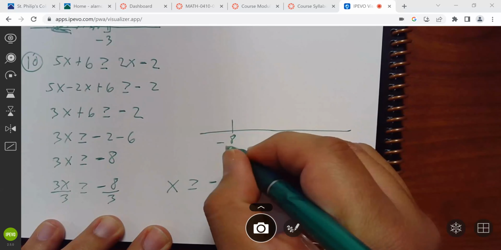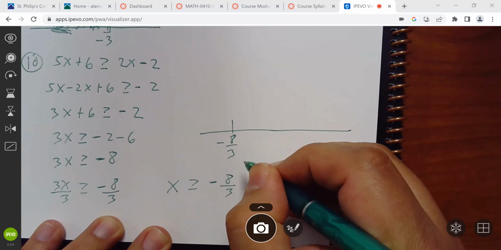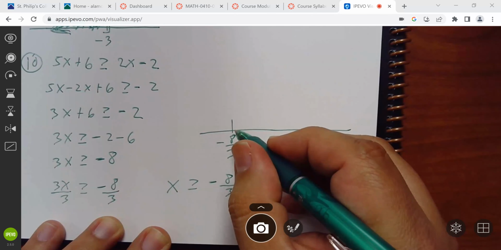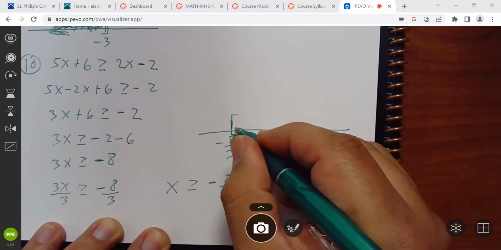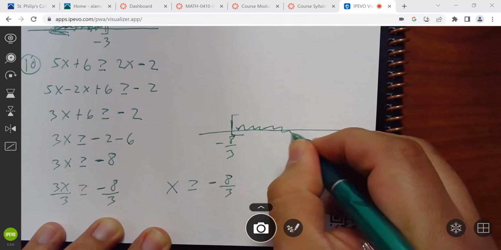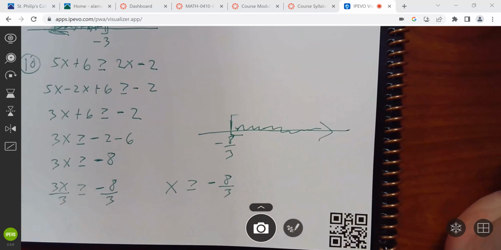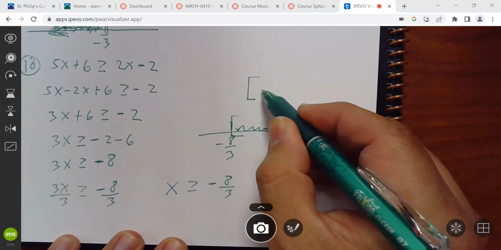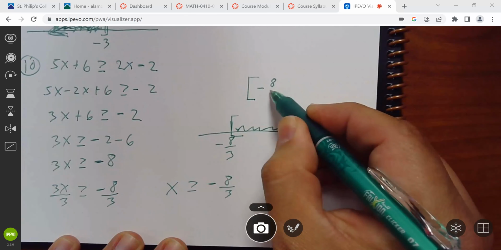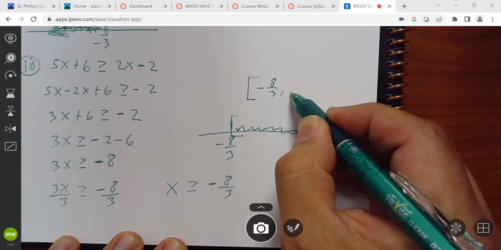-8. Do I put a bracket or parentheses? Everything after or above is a solution. So as an interval, this is 3. Oh, I said 8.